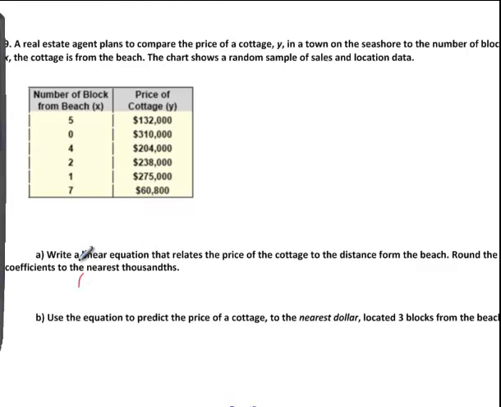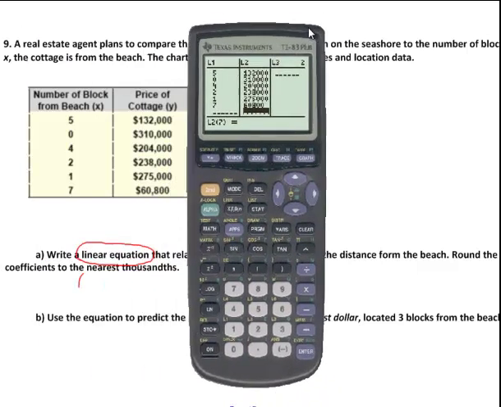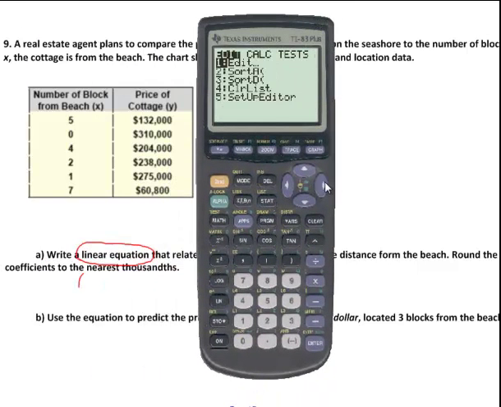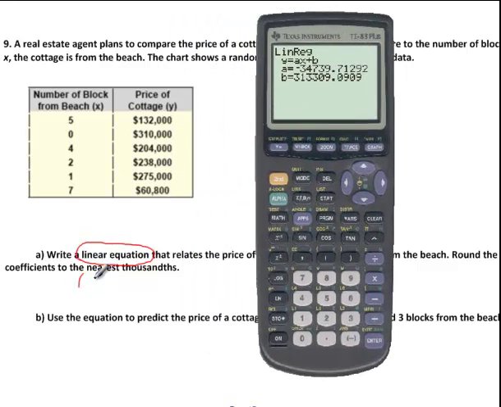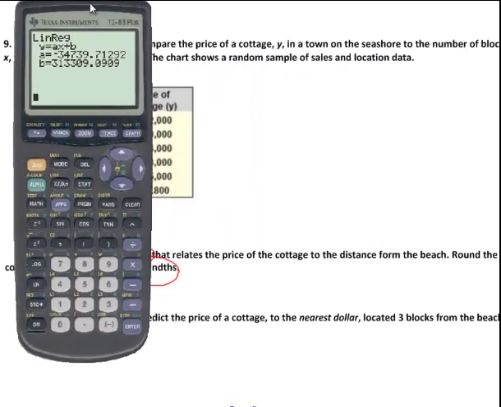Write a linear equation. Okay, so that means I'm going to do a linear regression. Stat, calculate a linear regression on list 1 and list 2. And where do they want me to round to? Nearest thousandths, so that means 3 places after the decimal.